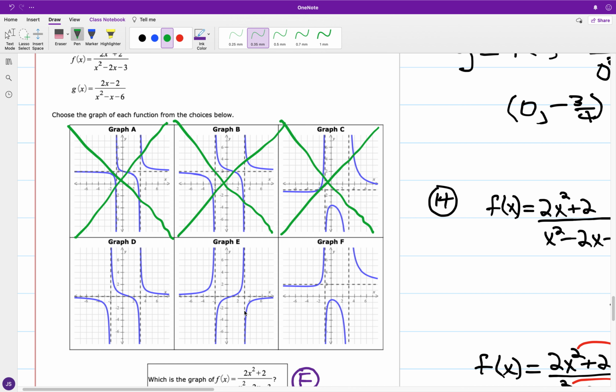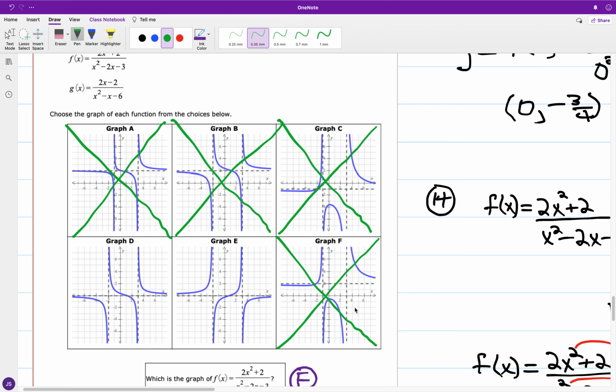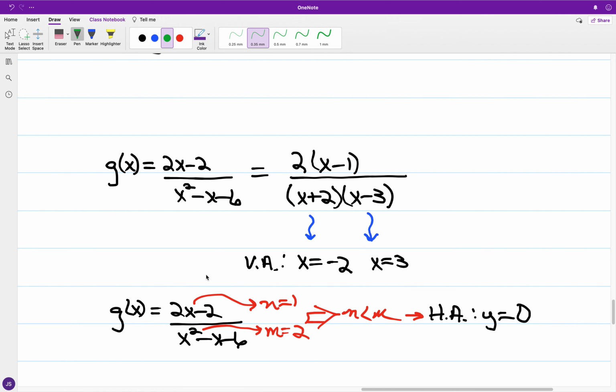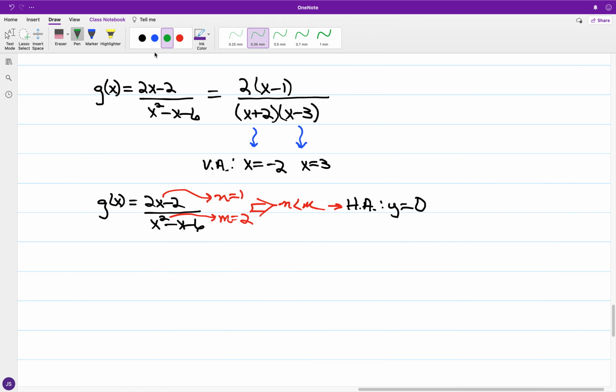And graph F, no. So it comes down to what we have between graphs D and E. Now D has just a positive value for the y-intercept, whereas in E this is going to be negative.